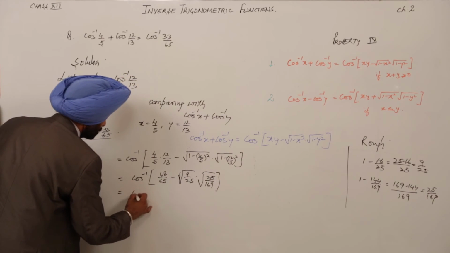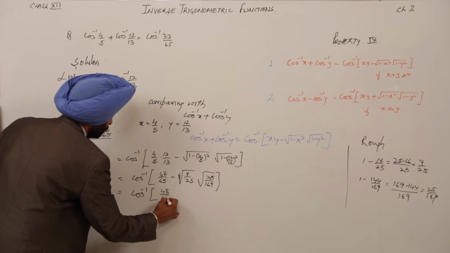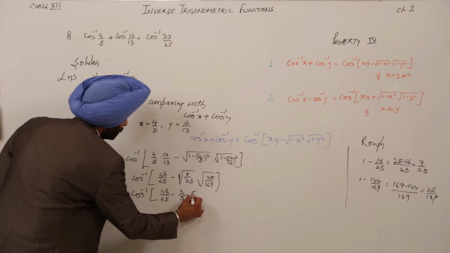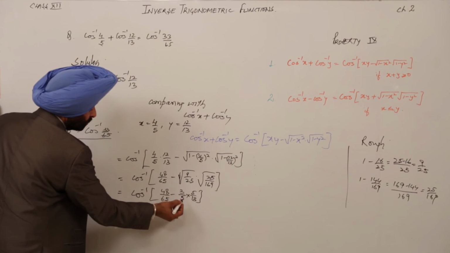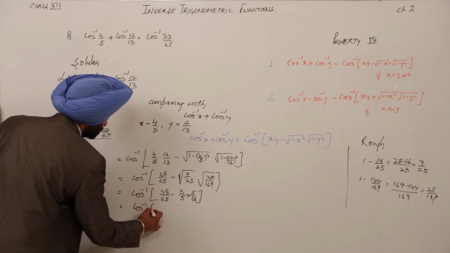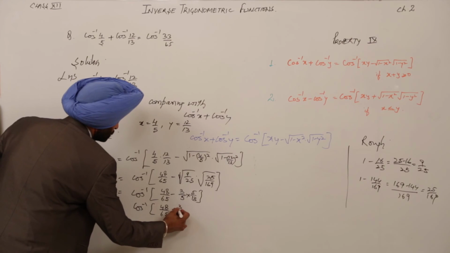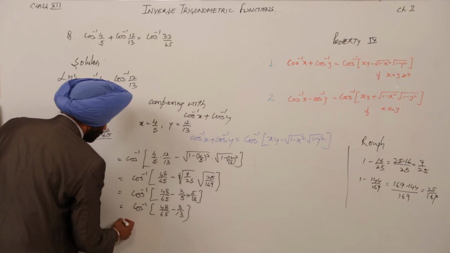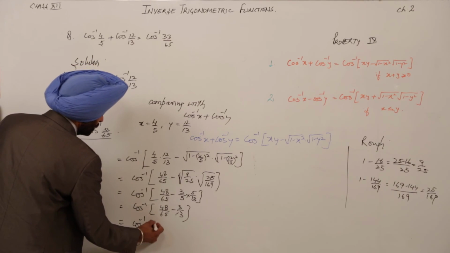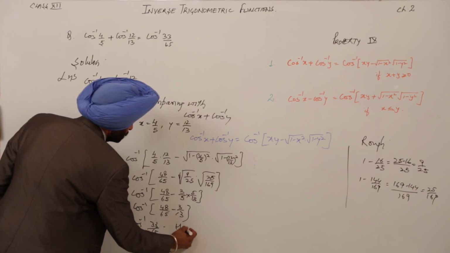This becomes cos inverse of 48 upon 65 minus 3 upon 5 times 5 upon 13. So further 5 and 5 can be cancelled. We are left with cos inverse of 48 by 65 minus 3 by 13. And after taking the LCM, we get 33 upon 65. So this is proved.